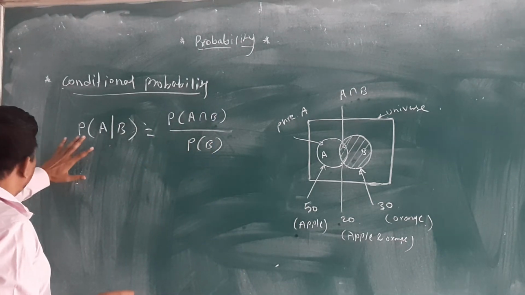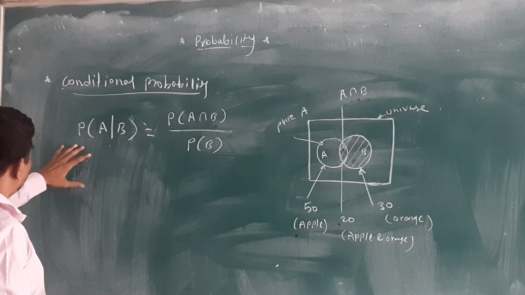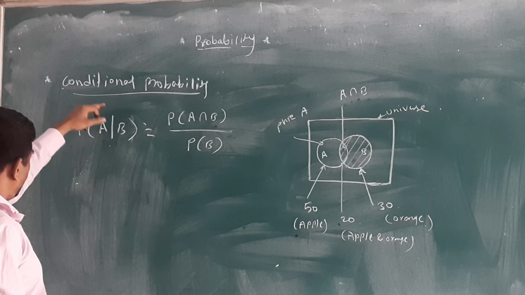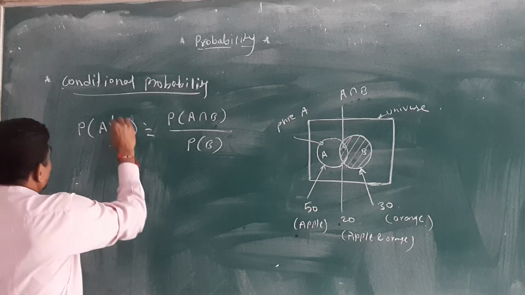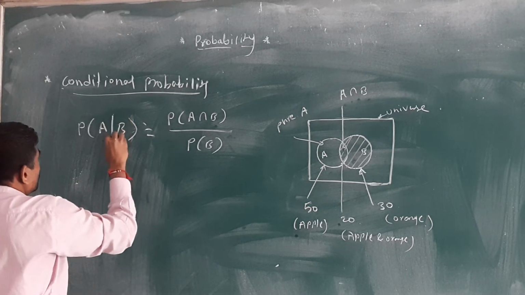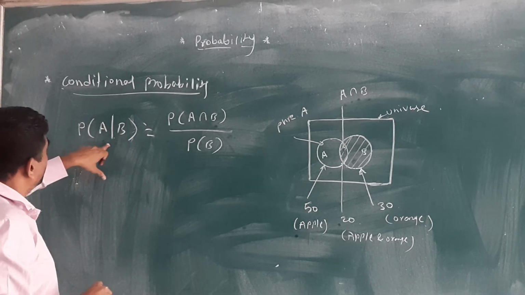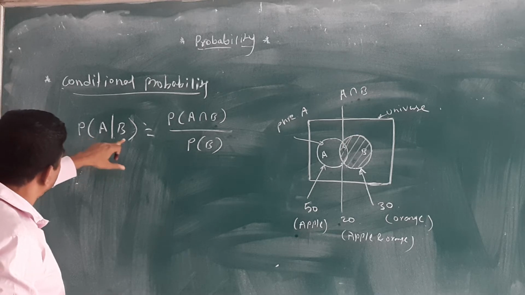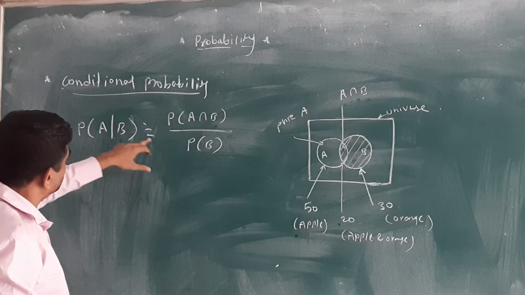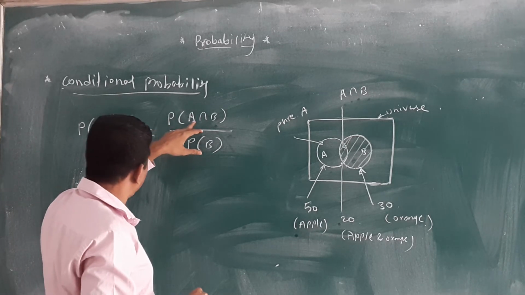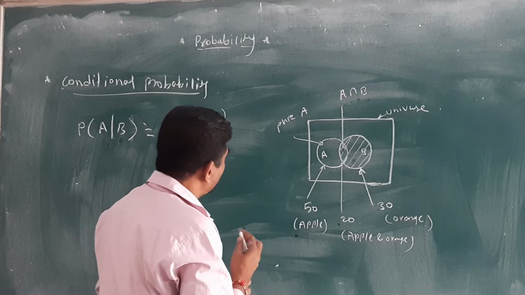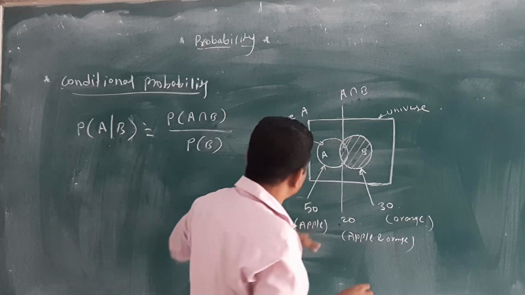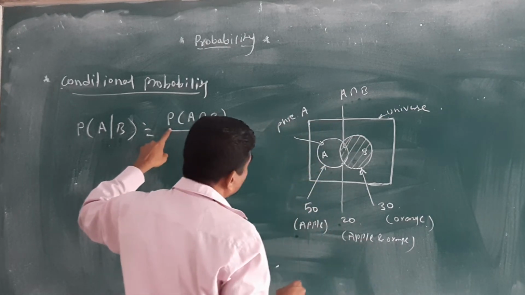How do we read this probability of A, then given that? This vertical line denotes given that. P of A given that B already occurs is equal to the probability of A and B, or A intersect B, divided by the probability of B. Check what I have written here.